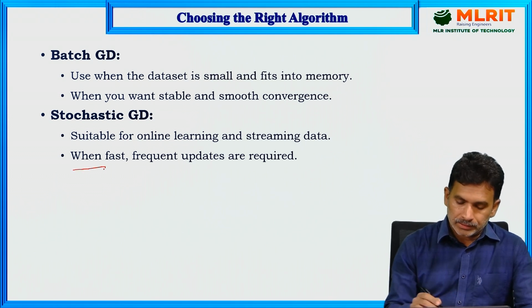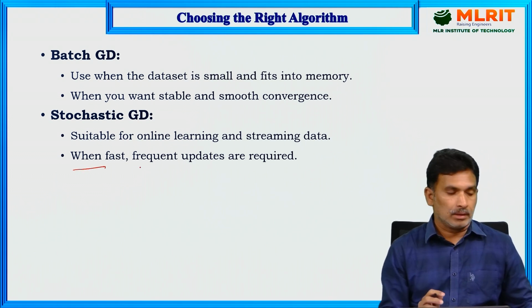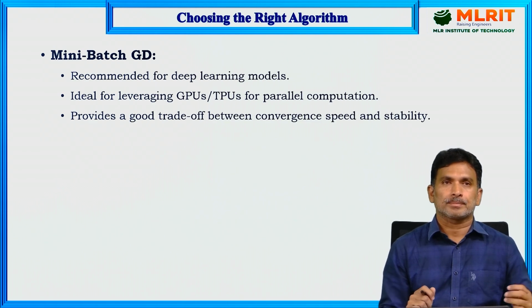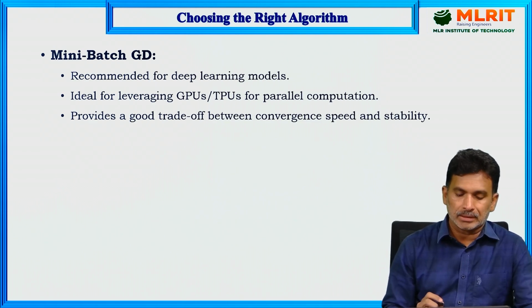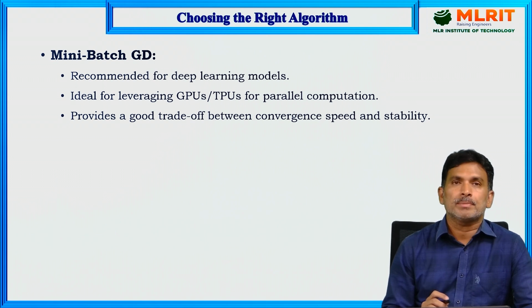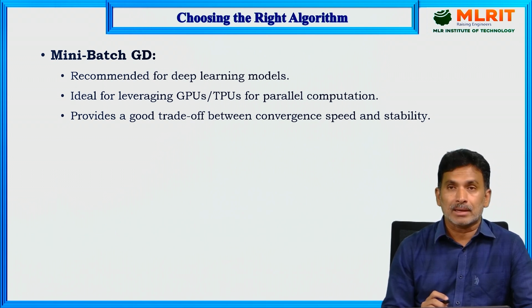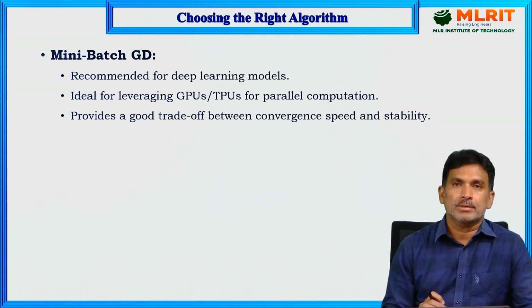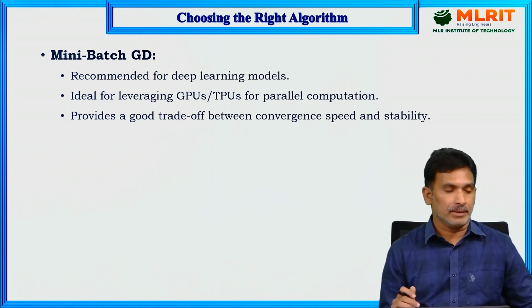When fast and frequent updates are required, it is better to go for stochastic gradient descent. Mini-batch gradient descent is mainly recommended for deep learning models, ideal for leveraging GPUs and TPUs for parallel computation. It provides a good trade-off between convergence speed and stability.